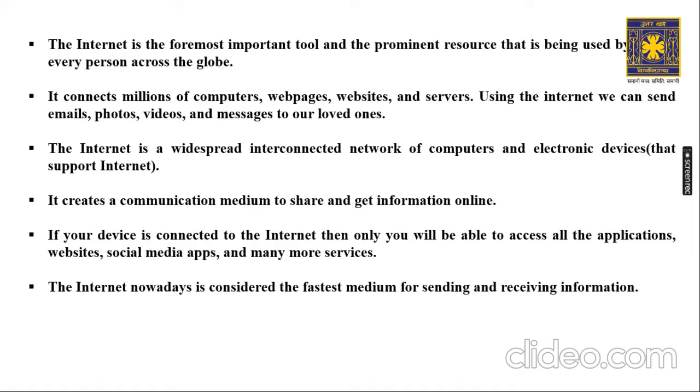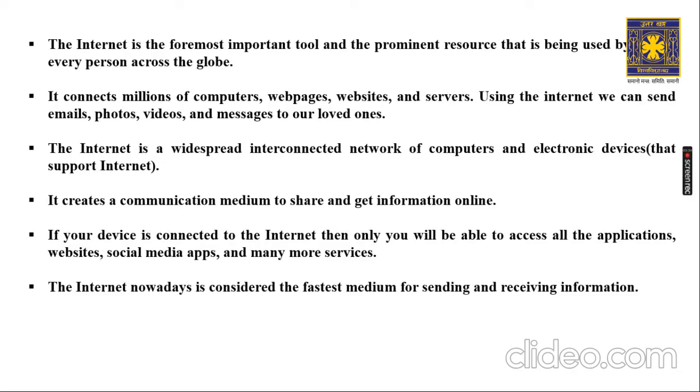The internet is a widespread interconnected network of computers and electronic devices, those electronic devices that support the internet. That doesn't mean that if you have a washing machine at home, you can connect it to the internet. It should support the internet, then only you will be able to connect.